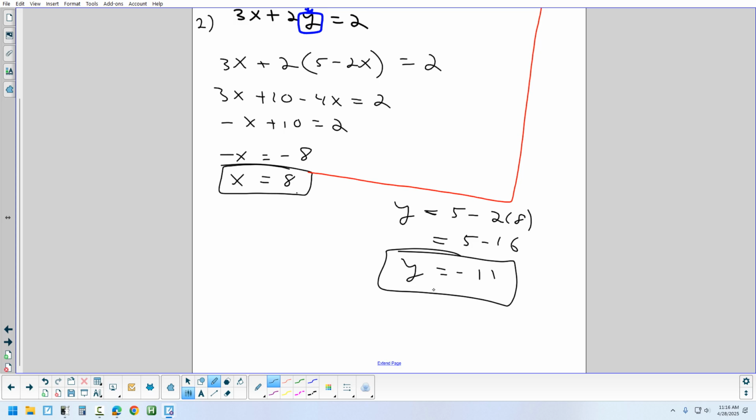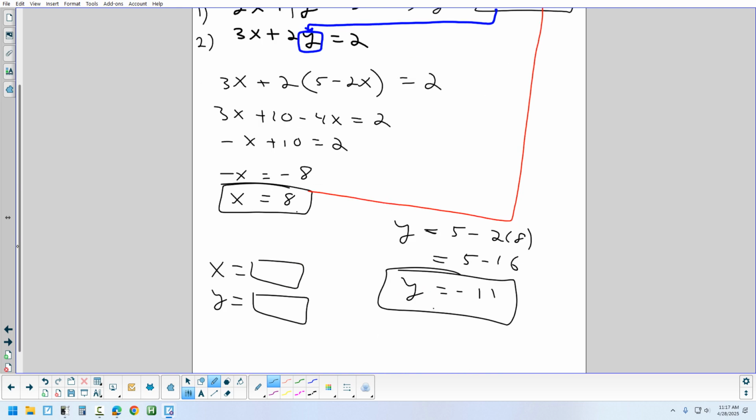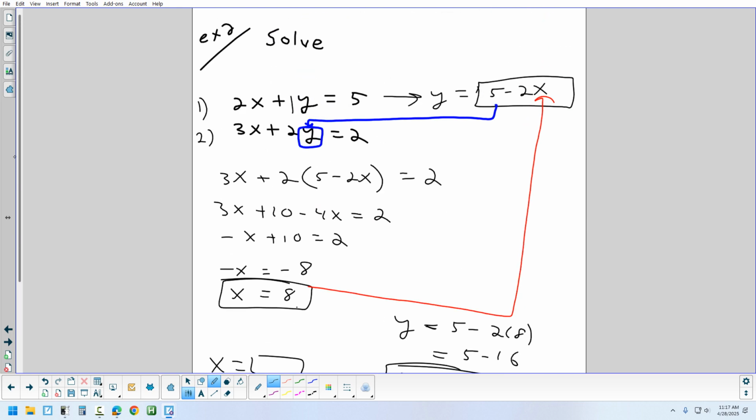No. But will you accept both of those on the test? I would accept either one if it didn't say how to write it, but I'm probably going to do something like this on the test. Okay, 2 boxes. Yeah. Okay. Any question on that one?